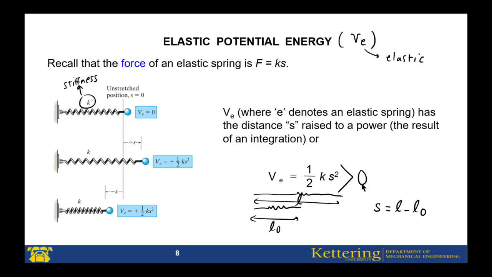The only case that this potential energy will be 0 is when it starts from the unstretched position. So the spring always has a positive potential energy. Got it? Those are easy. I think you know them all, but I have to just use it.